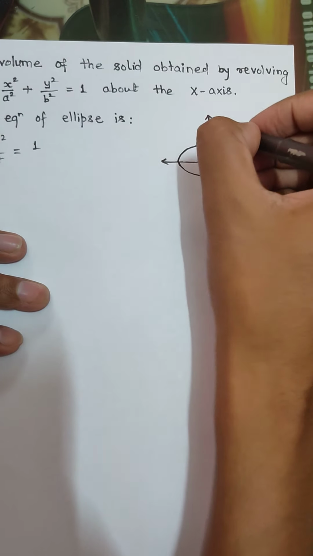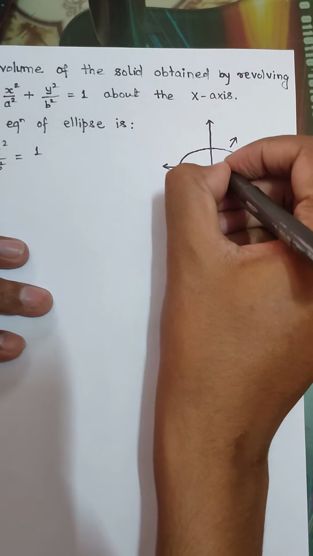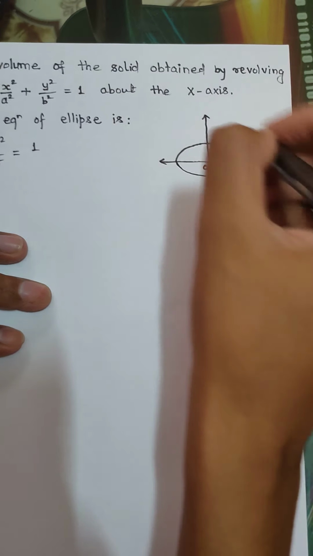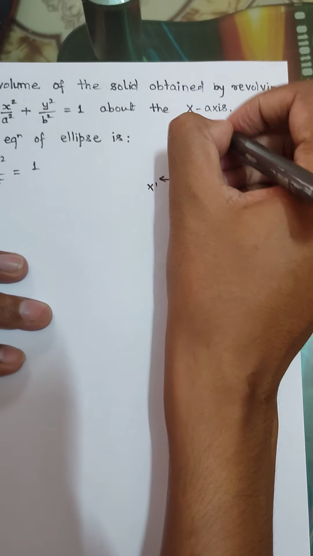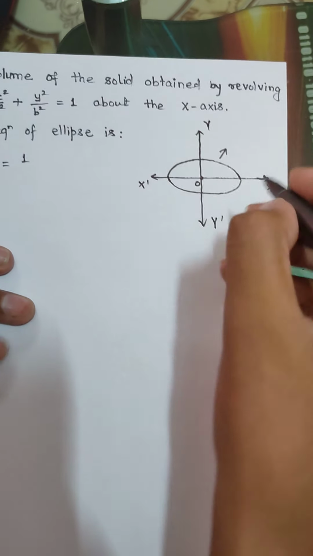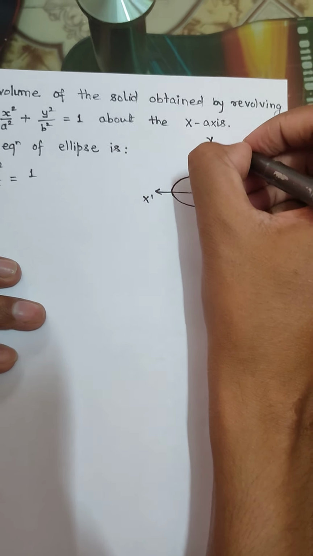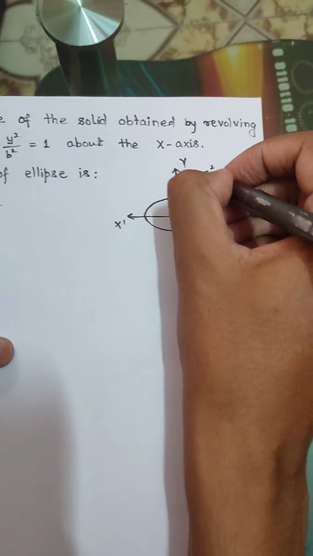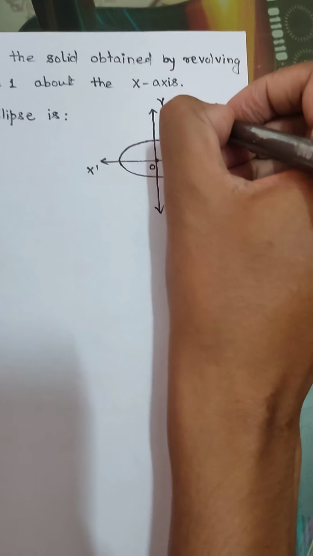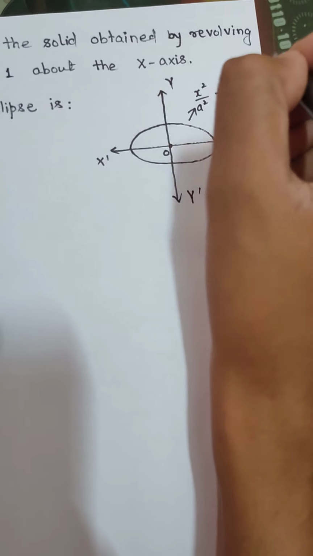So this is an ellipse, and what is its equation? Let me mention x-axis, negative x-axis, y-axis and negative y-axis. Now this is an ellipse whose equation is given to us, x square by a square plus y square by b square equal to 1.